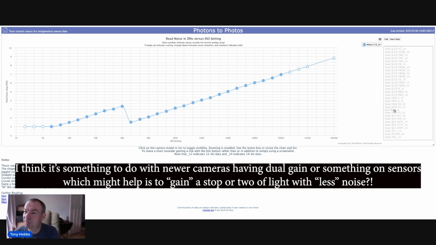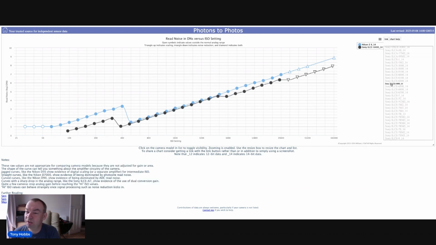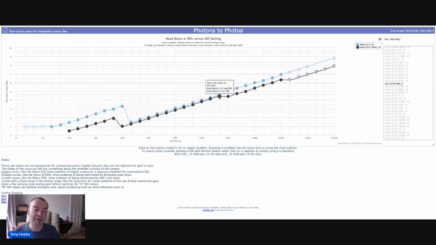So let's come away from that. I had a 6400, which I've sold. Interestingly, the 6400 between ISO 500 and 6.4, thereabouts, what's that? About 5,000 is very similar. This is interesting, actually.